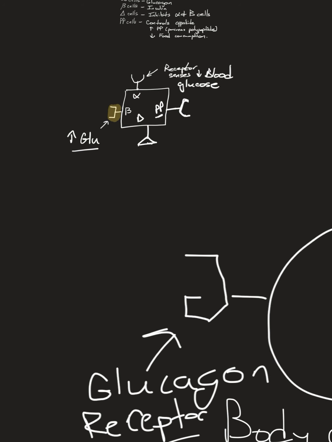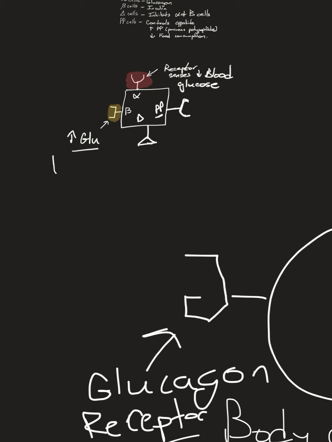And the alpha cells produce glucagon and therefore have to be able to measure when blood glucose is low. So when the blood glucose is low, that's dangerous. You can go into a coma. So we have to make sure that that doesn't happen.